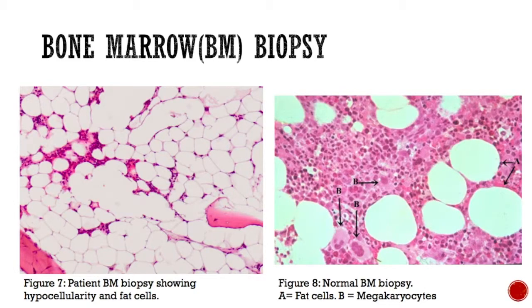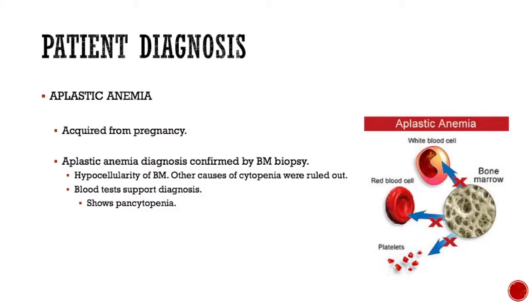And you can see in the image to the right, this is what a normal bone marrow biopsy would look like. There's a lot of activity there, lots of cells being produced and different types of cells, and there's not as many fat cells. The clinical criteria required for the diagnosis of aplastic anemia is a bone marrow with less than 25% of normal cellularity and at least 2 blood cytopenias.